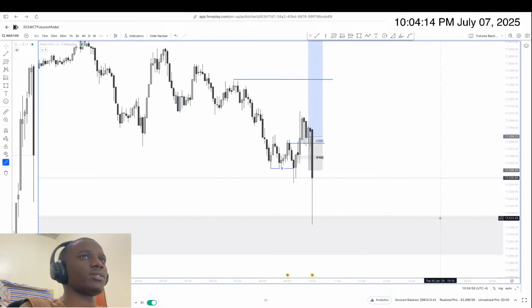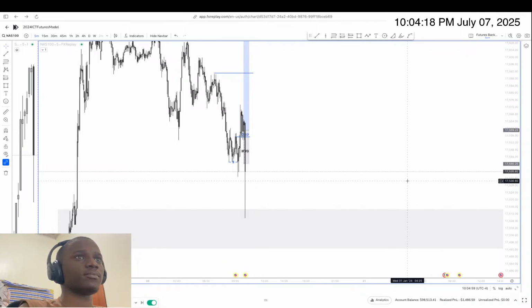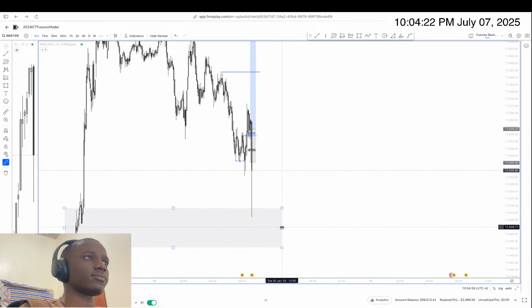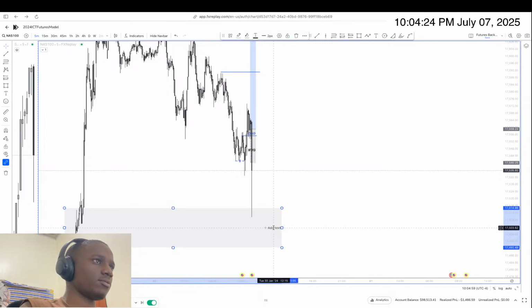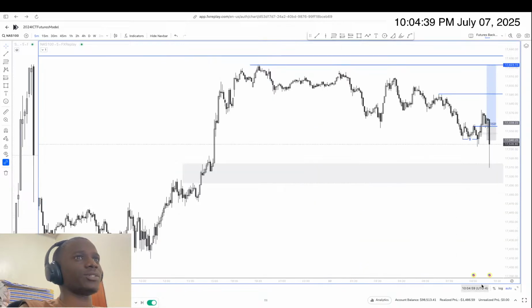Going to the 5 minute, sorry. Let me write this, the 1 hour fair value gap. So I still have my draw to the upside, even though I got stopped out. I actually hadn't seen that we had news, so I'll put that into consideration next time.